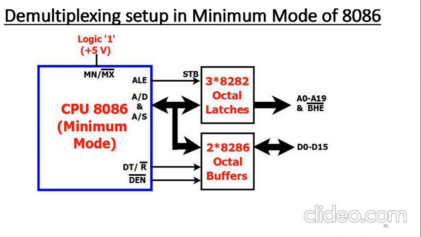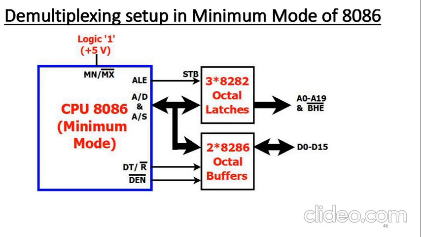But in order to perform the operation related to the octal buffers or octal transceivers, we require the DT/R bar signal and the DEN bar signal from the microprocessor in the minimum mode.